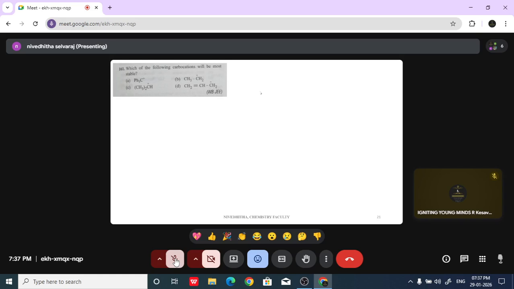Carbocation is a carbon with positive charge, which is basically an electron deficient carbon. Rohan's answer is option A. We'll check.